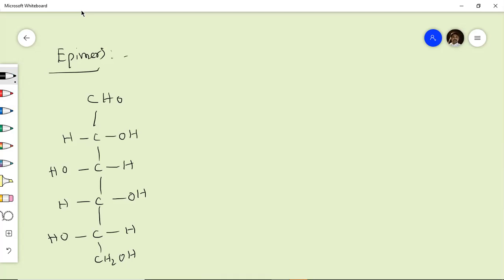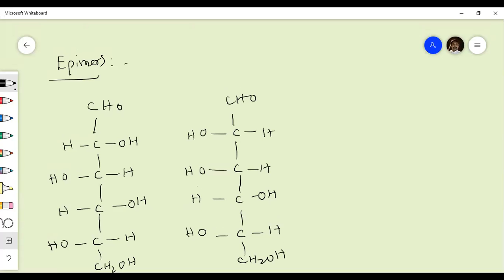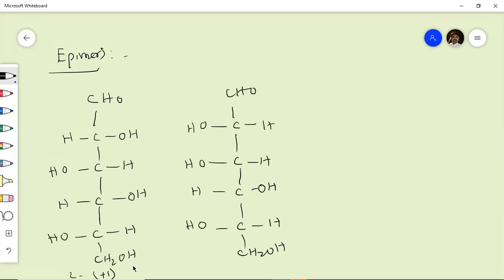One more example is mannose. The first one is glucose, CH2OH, and the second one we are writing is mannose.